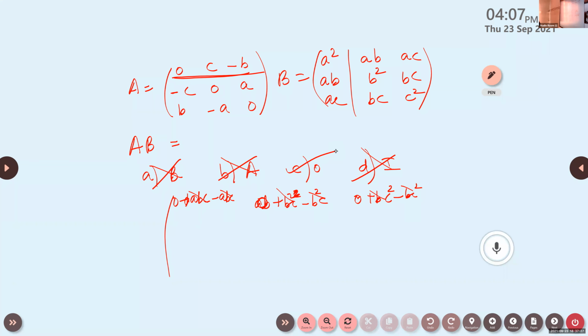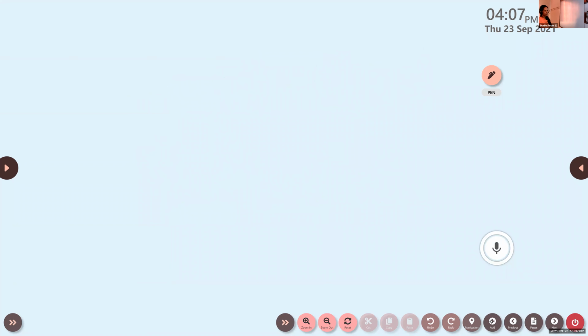Right, the next one. A is equal to matrix 1 0 0, 0 1 0, 0 0 1.